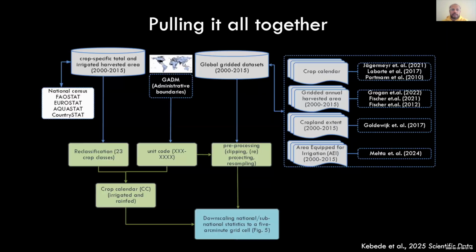So, integrating this information, assigning a unit code for each administrative unit, and pre-processing those datasets, such as resampling, reprojecting, and other procedures, we tried to downscale subnational statistics to a grid cell level, following a similar approach used for the previous version, MIRCA2000.